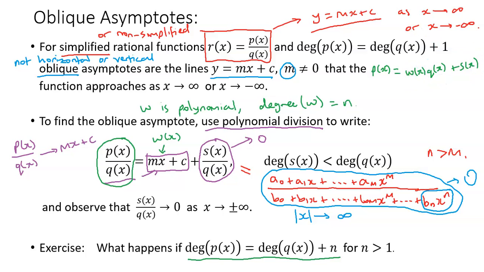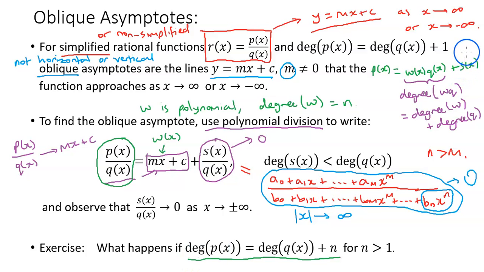And note that the degree of w of x times q of x is equal to the degree, so let's say the degree of wq is equal to the degree of w plus the degree of q.